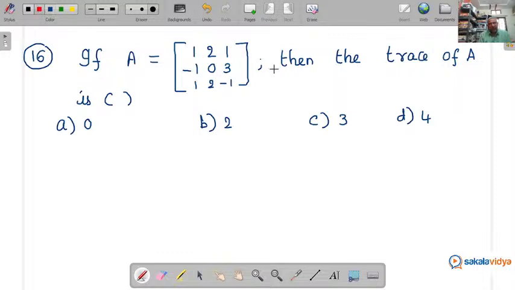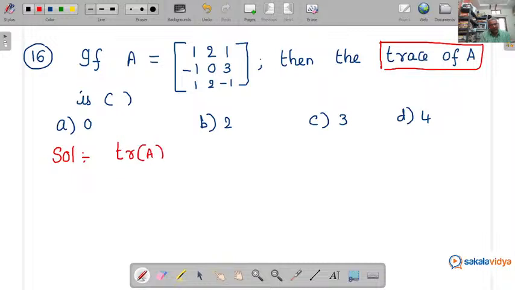Okay, trace of A. The matrix A is given, and we need to find the trace of A. See, my dear students, trace of A is the sum of the diagonal elements of a square matrix.